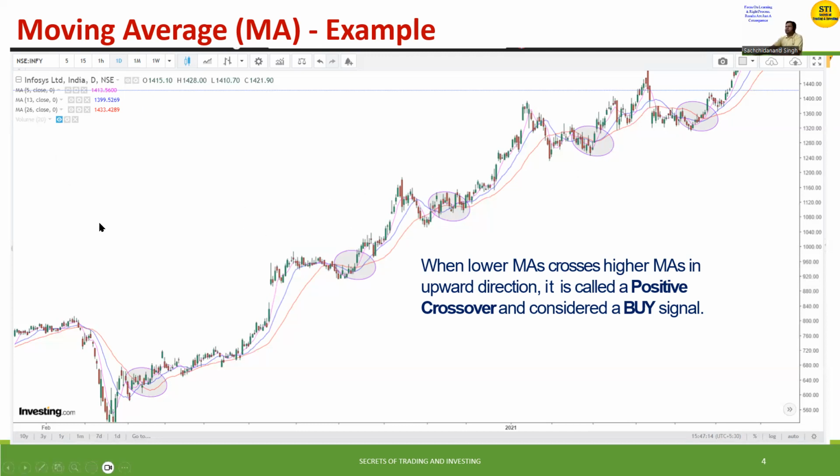This is an example of Infosys after the COVID lockdown, where there were multiple options for buying the stock. Somewhere in 2020 the price fell even below 500, somewhere around 460. And last year the price went up to nearly 2000.